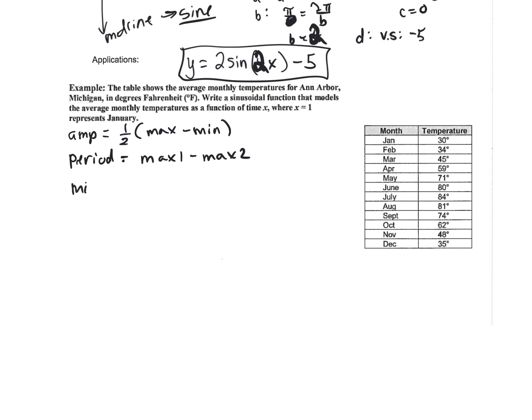Midline is equal to 1/2 max plus min. And the vertical shift is going to be equal to the midline y value. Oh, it's just really the midline y value. What am I thinking? So if we could find the midline y value.